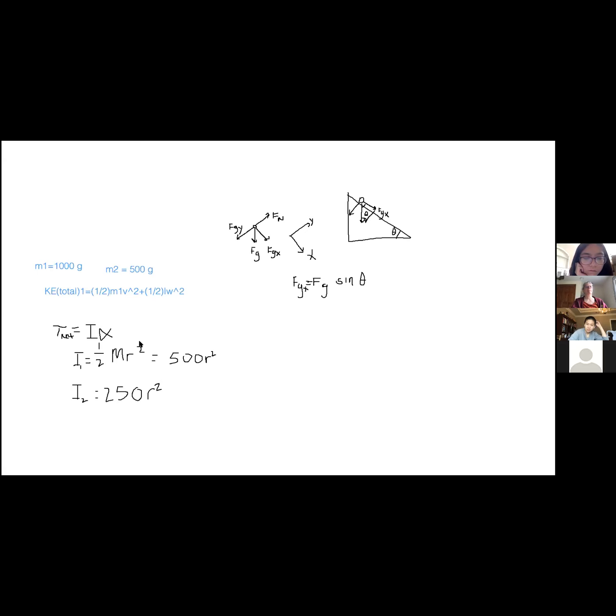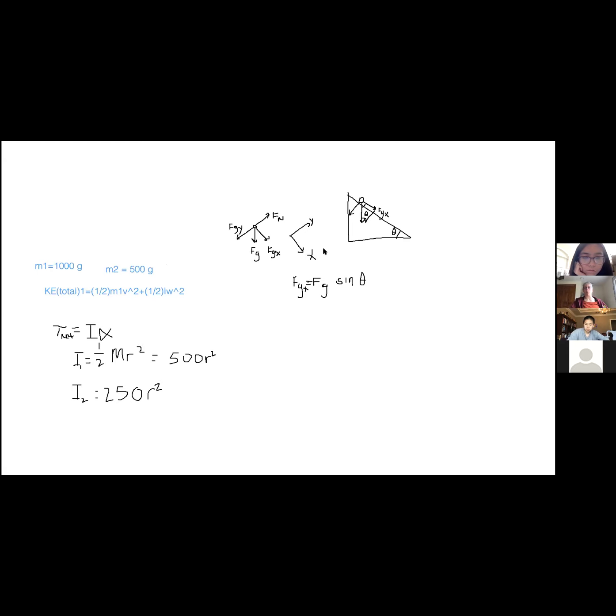Would we use the KE initial plus gravitational potential initial equals KE final plus gravitational potential final? Well, that would be basically using conservation of energy, right? And would that apply here?